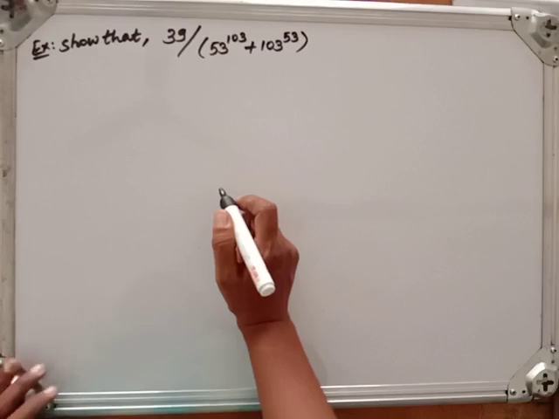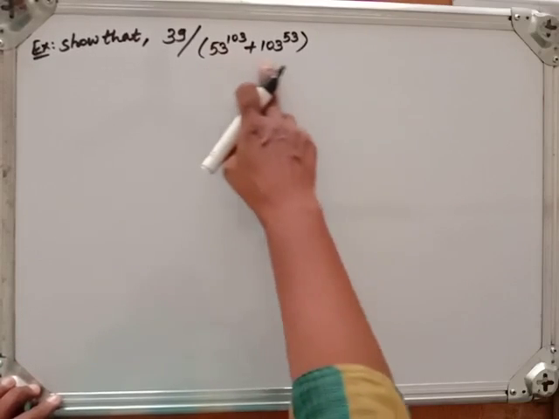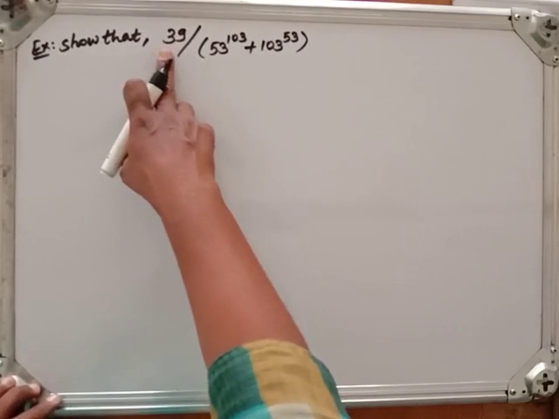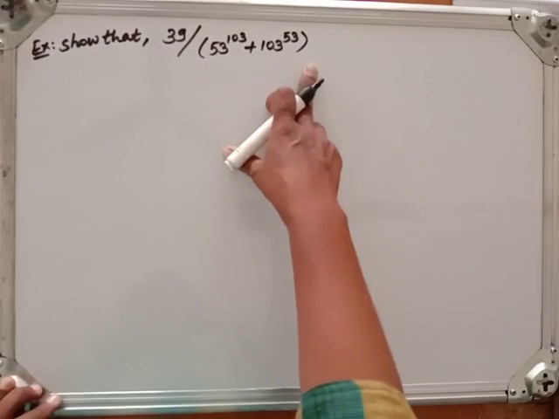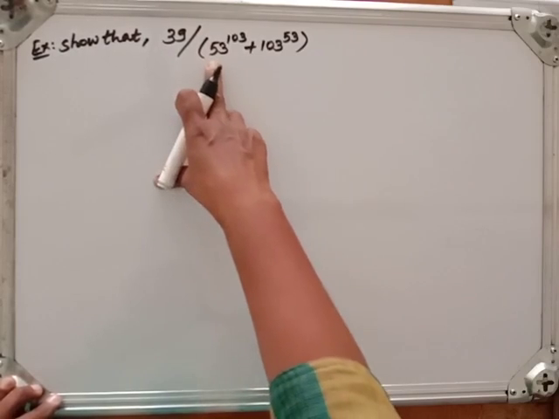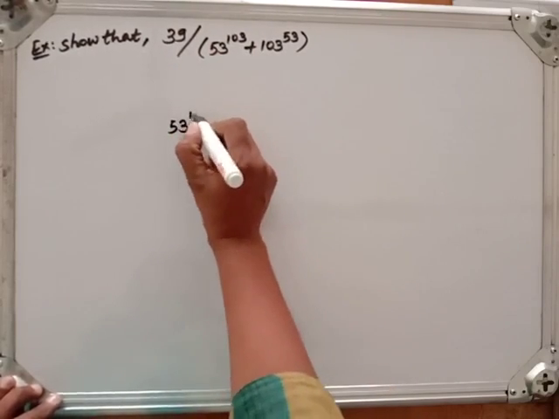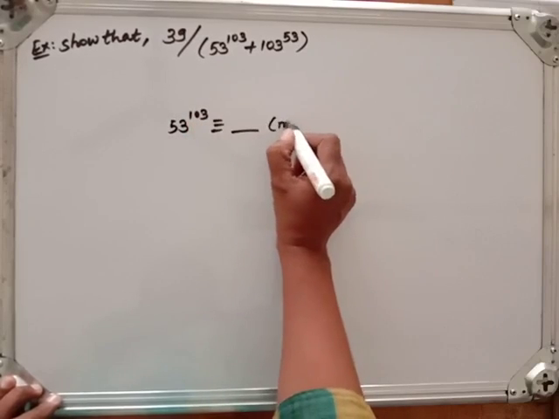So now, if we show this addition is congruent to 0 modulo 39, then also we can say 39 divides this one. Remainder should be 0. So let us first find 53 raised to 103 congruent to what modulo 39.